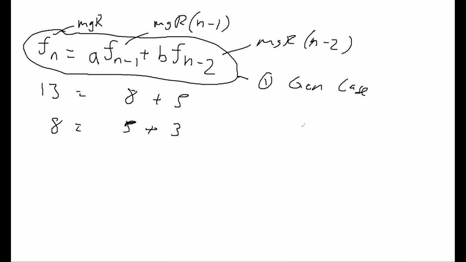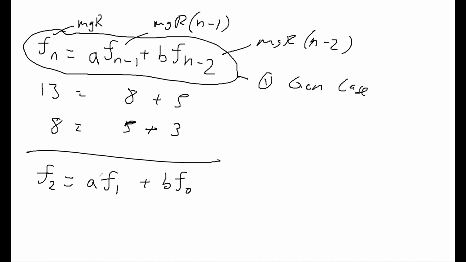But there are 2 special cases where we don't want to call this again, and that's when we get close to the bottom of the sequence. Let's say our F is 2, the very first one that we call. How do we define this? It's A F1 plus B F0, and we already know what these are: x1 and x0.